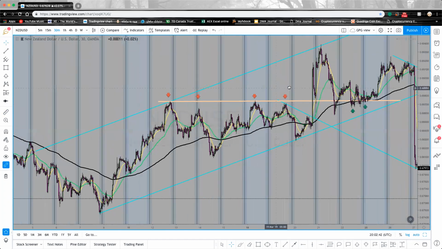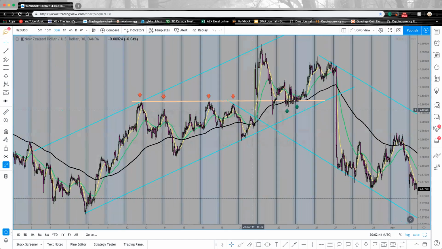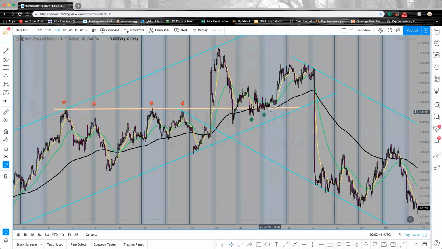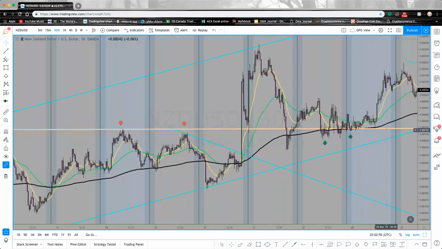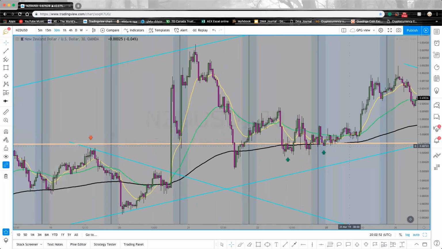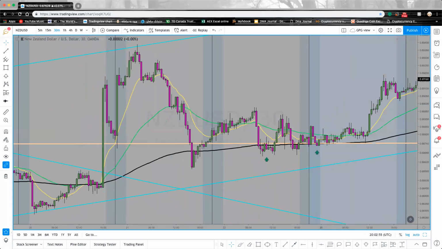That same pump and dump, what happens inside of these little guys, that maybe you say consolidation, but why does Dylan say don't trade consolidation? Consolidation is the trap time.